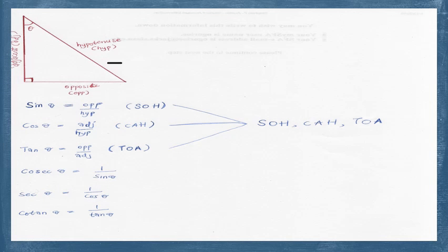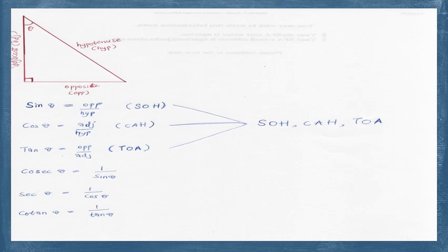Here we have a right-angled triangle, and we use this triangle to explain what each of those common trigonometric functions stand for, since we said that trigonometry is the study of the lengths and angles of a triangle. Starting with the sine function, the angle we are looking at is this angle here, theta.